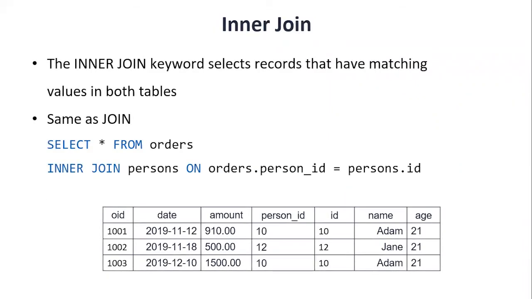So let's see an example for each of them. The inner join is basically what we have already seen. Even if you say inner join or just join, it will be the same.